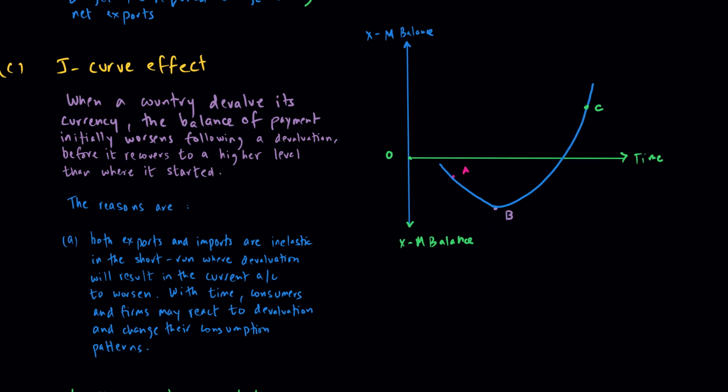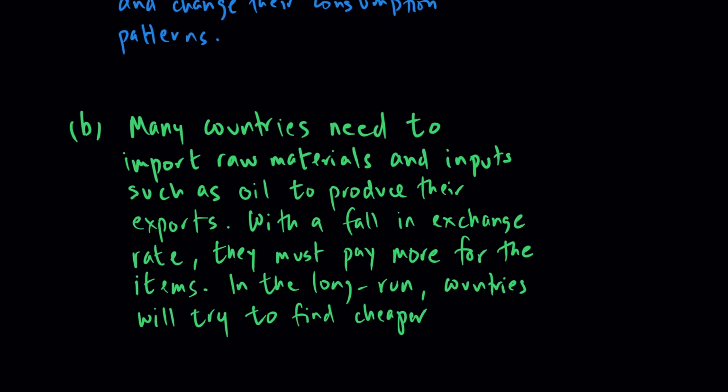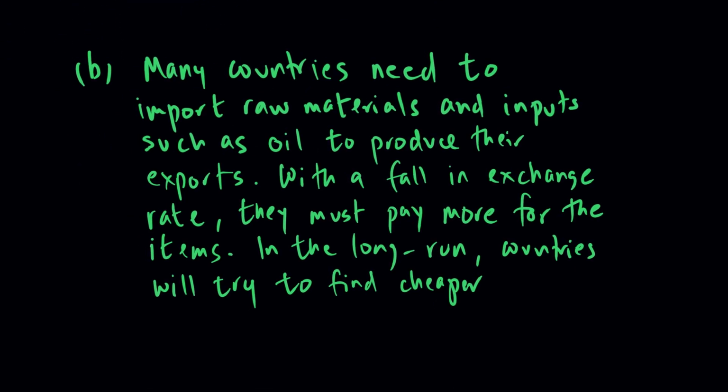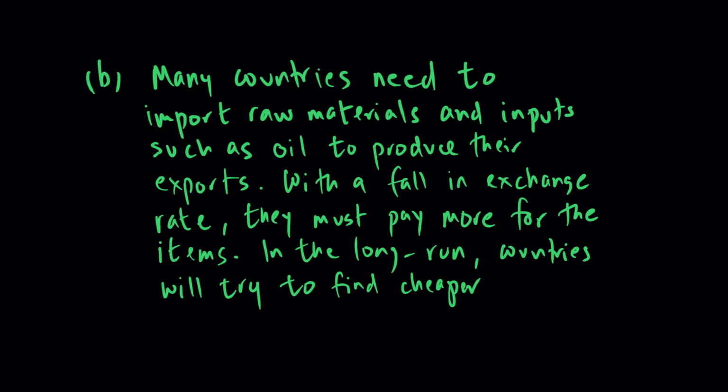And the second reason we give for why devaluation doesn't work in the short run is that many countries need to import raw materials and inputs such as oil to produce their exports. Like Pakistan, when they devalue the currency, they don't find it good news, because oil, which is a key input, becomes expensive. With the foreign exchange rate, they must now pay more for these items, which means that in the long run, countries will try to find cheaper inputs.